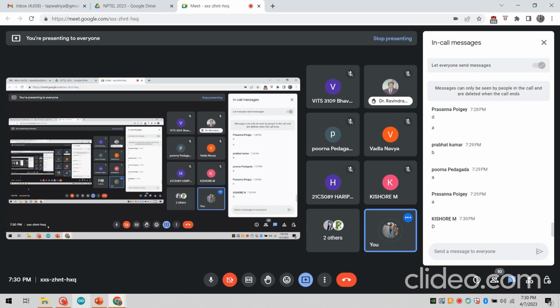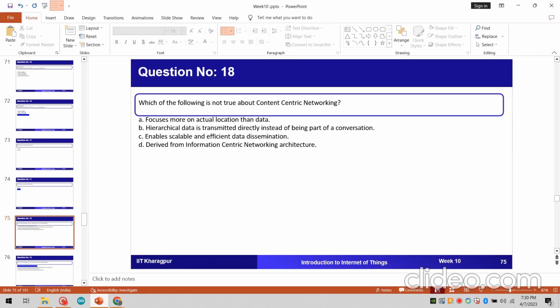B. D is correct. Content-centric networking is derived from information-centric networking architecture.